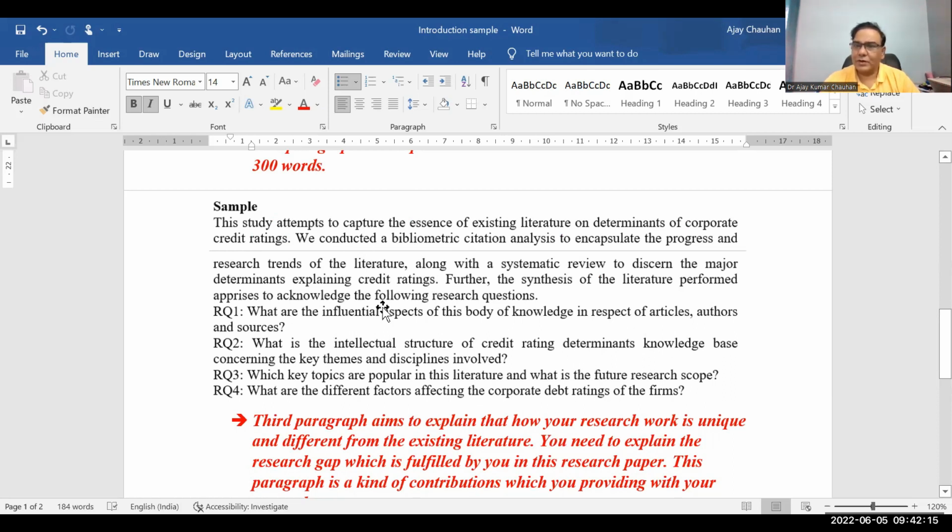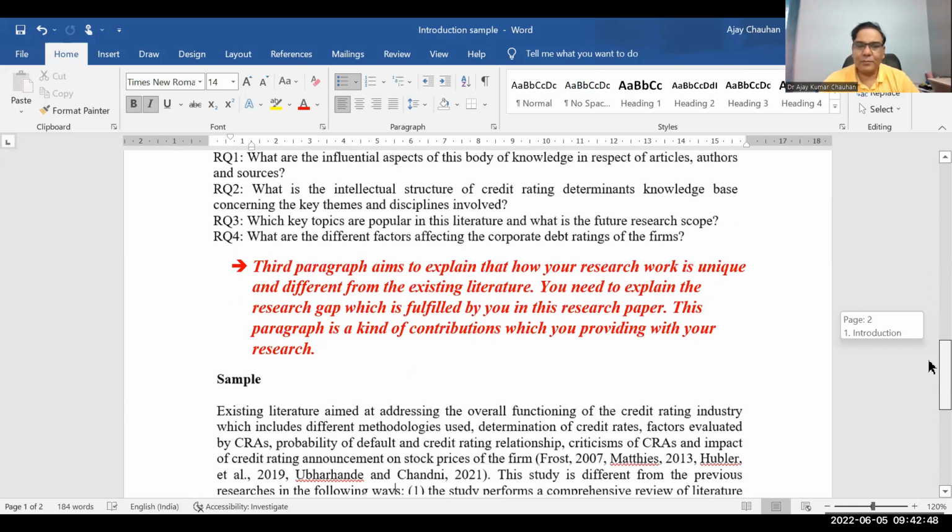And we also discuss the research questions which we are going to answer in this paper. And I'm telling you, these 3 or 4 research questions play a very, very important role in this paragraph. So first, you tell what you are going to do in this paper. Then tell what research questions you are going to solve. So the second paragraph is like this.